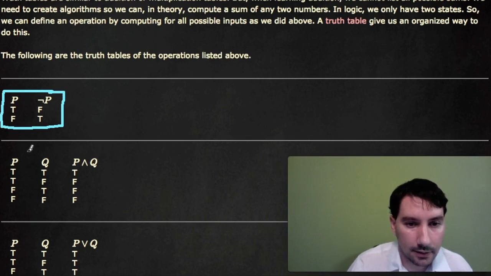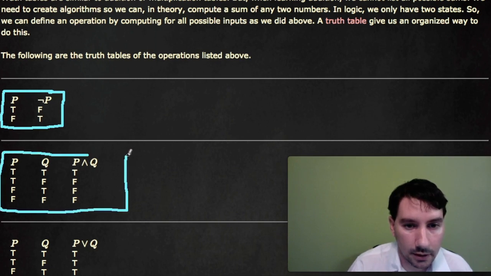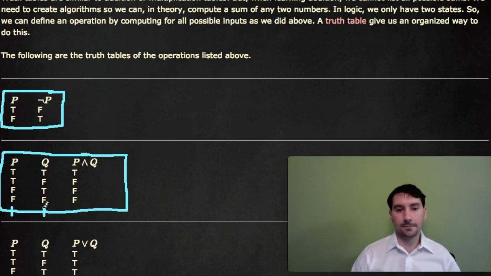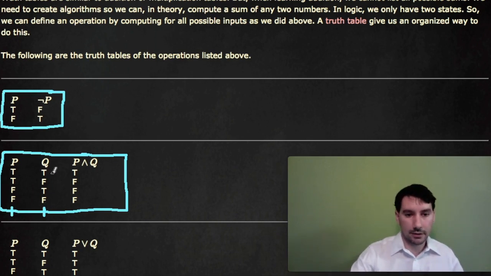Then if we look at the conjunction, so we have P, Q, and P and Q, that's this here. Again, we write down all combinations of P and Q in the first two columns. So in this column and this column, we have true and true, true and false, false and true, or false and false. That's all combinations of values for P and Q. Then we take the conjunction in the last row.